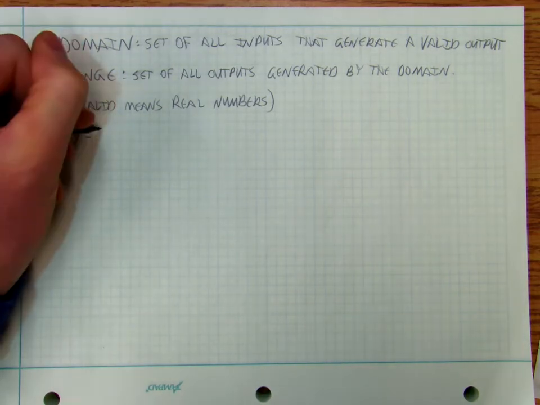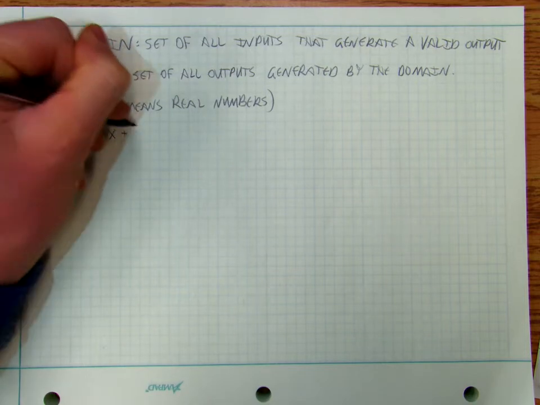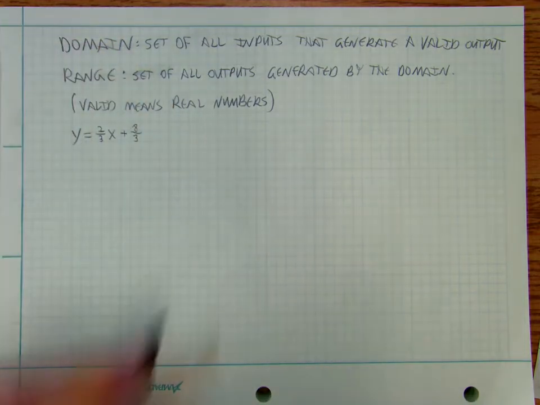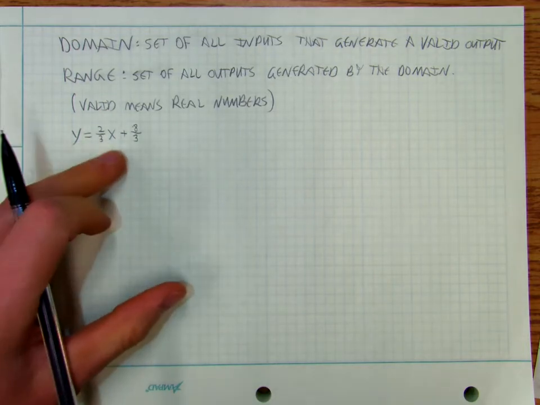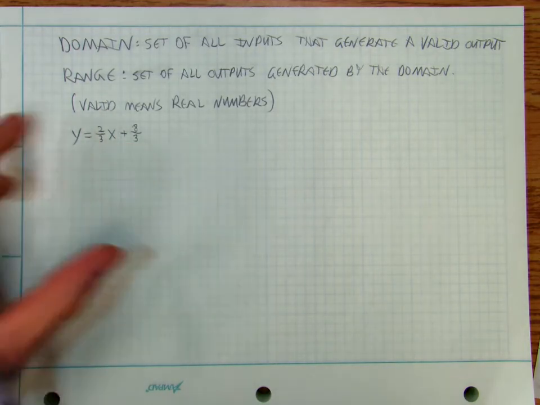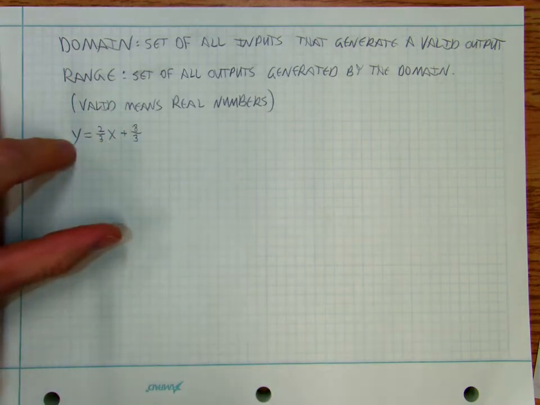Okay, so if I've got y equals 2/3 x plus 8/3, I can put any x that I want into this and I can generate a y. Any real x will generate a real y.